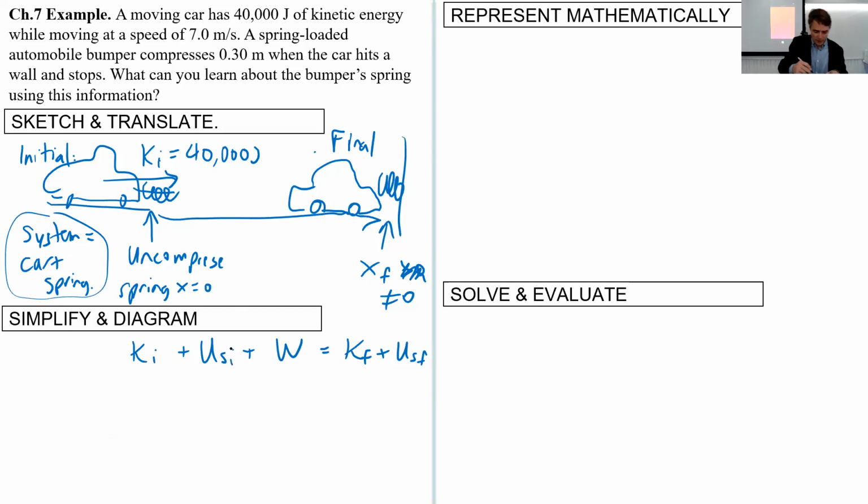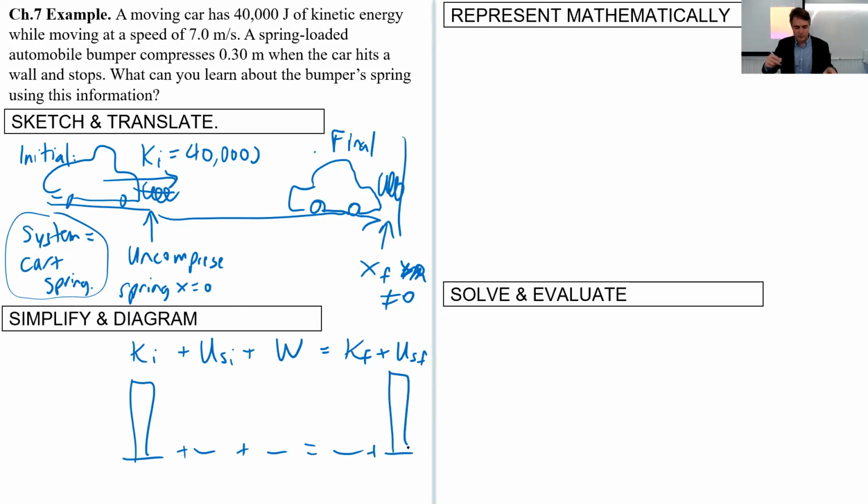Okay, so you start with some big kinetic, the spring is uncompressed, there's no work done, is equal to it stops plus all of it gets converted to U S final. So 1/2, or I guess I'm just going to call it K initial because we actually have it, plus 0 equals 0 plus 1/2 times K times X squared. And X is equal to the 0.3.